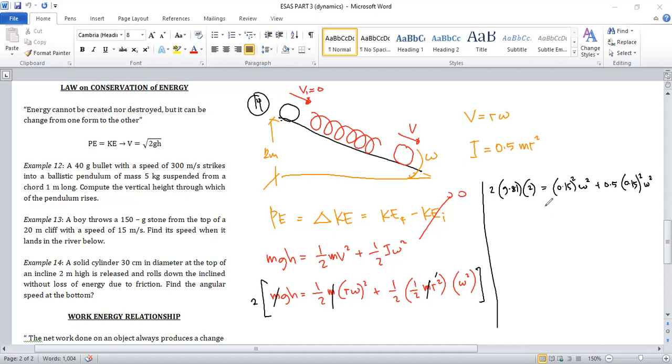So we can have 2 times 9.81 times 2, divided by 0.15 square plus 0.5 times 0.15 square.